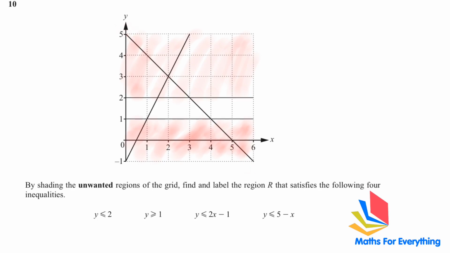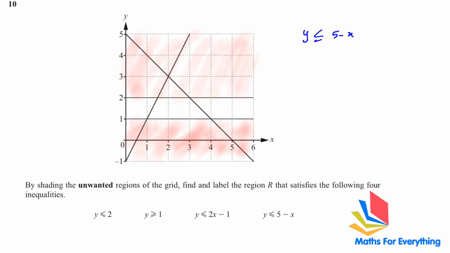So this line here is y is less than or equal to 5 minus x. Now to check whether we have to take the one under the line or above the line, what do we have to shade?